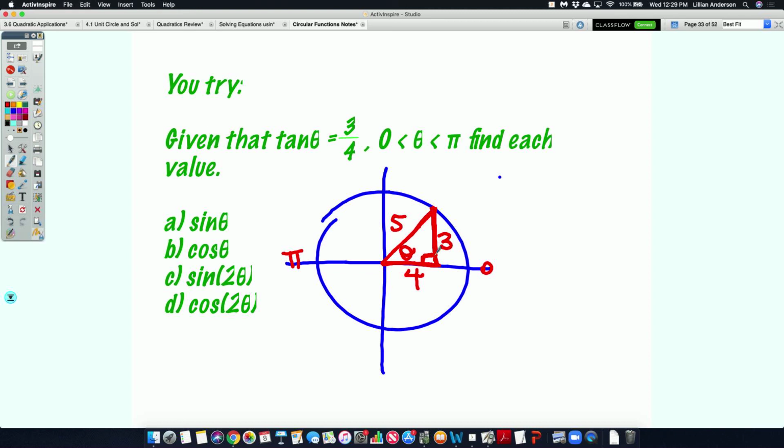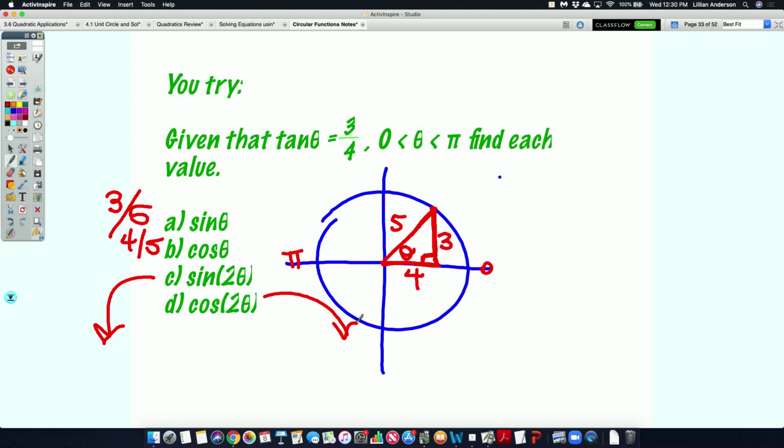What is sine of theta? 3/5. What's the cosine of theta? 4/5. Don't forget, sine is opposite over hypotenuse, cosine's adjacent over hypotenuse. And now that you have sine and cosine, you'll be able to find sine of 2 theta and cosine of 2 theta.